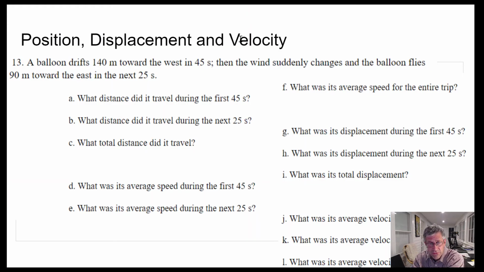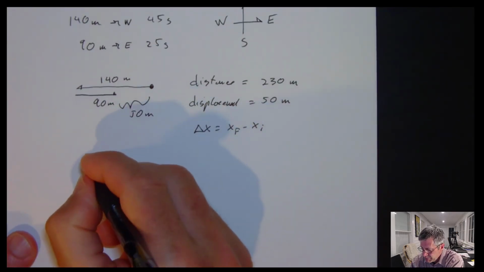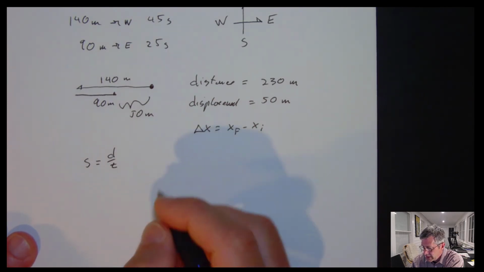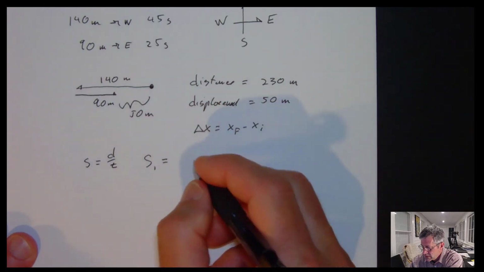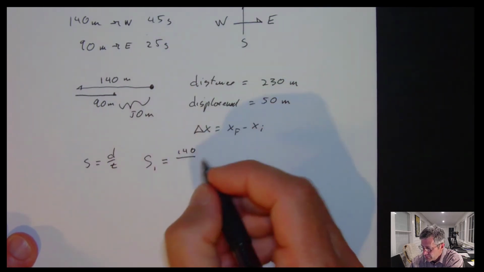What is the average speed during the first 45 seconds, average speed during the next 25, average speed for the entire trip? Okay, so my speed is going to be distance divided by time. I'm going to calculate speed 3 times. So speed for the first leg is going to be the total distance in the first leg, which is 140 meters, divided by the time it took, that 45 seconds.